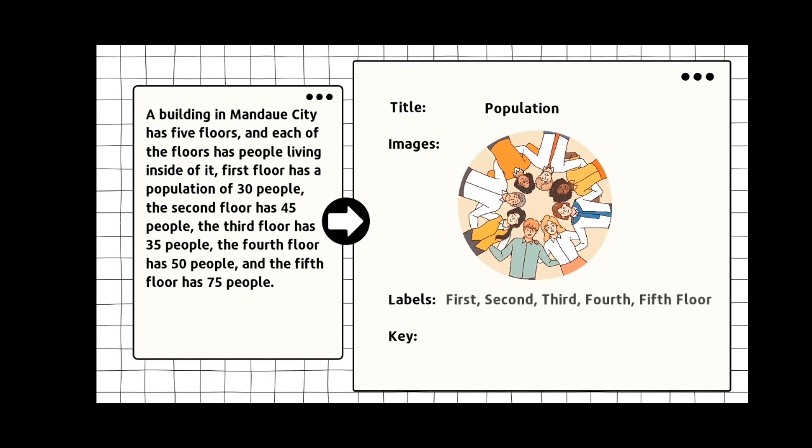For the labels, we'll be using the floors, which are the first, second, third, fourth, and fifth floor. For the key, each symbol will represent 10 people in the population.